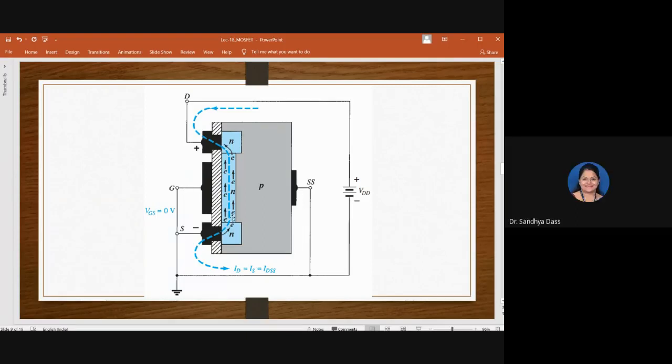Electrons will be more attracted toward the gate. If the gate is made more positive, how are electrons attracted to the drain? Because the holes will be repelled from the gate, and the electrons will get attracted.